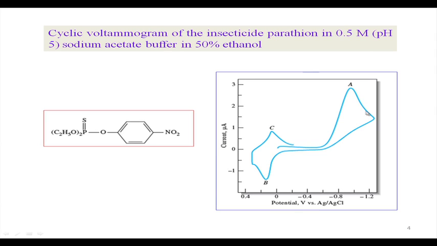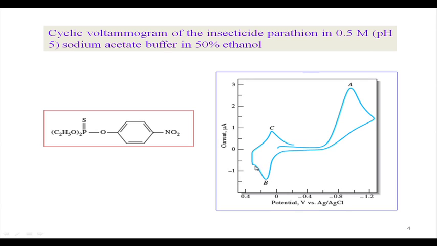That means this is not getting directly reduced back to the species originally present. Otherwise, you would have this peak on this side and the corresponding reverse peak on the other side, and you get the corresponding cyclic one. But instead of that, if you scan more to the positive side, you reach a point B. So you can consider that A is not directly reducing back to the original compound, but is reducing back to something else.